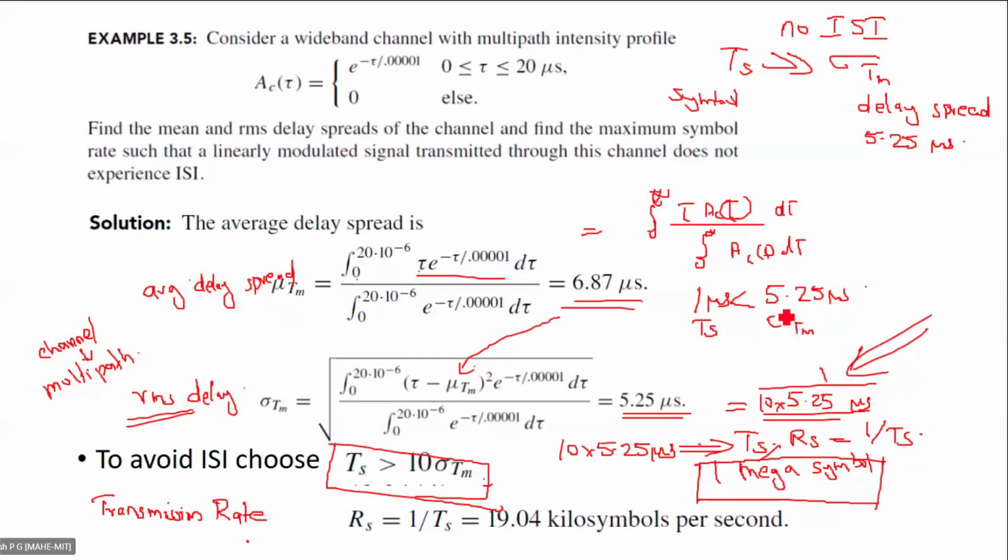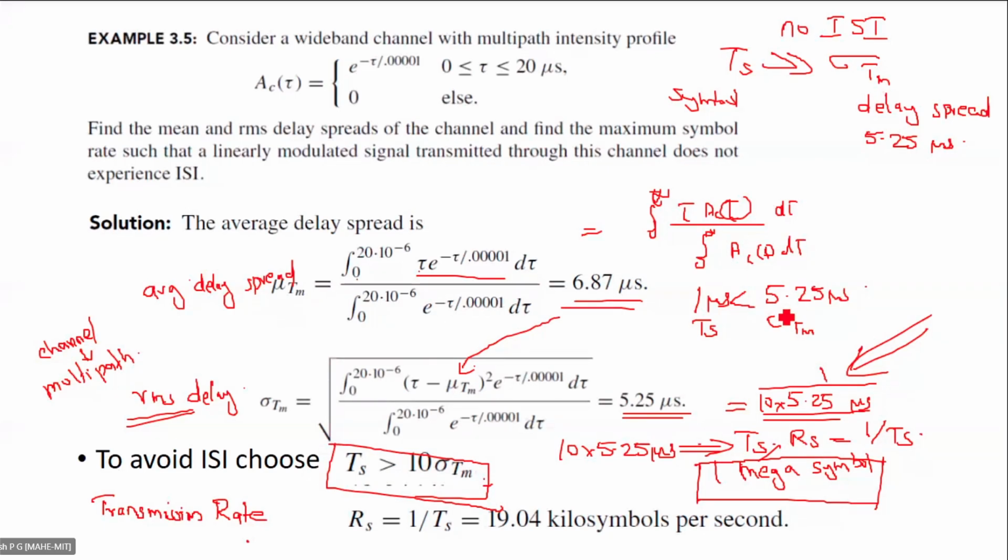Is it clear? So based on the characteristic, based on delay spread, we have to decide. We have to choose the transmission rate. We have to choose the symbol timing. It is not a random thing.